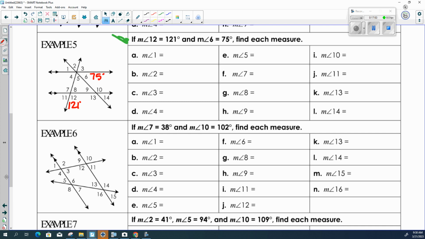Okay. I want you to start with the one with the 75 degrees, angle 6. Can you see another angle? It could be vertical, it could be alternate interior, it could be corresponding, that's going to be congruent. Shaylee, do you see another one that you for sure know is going to be 75?